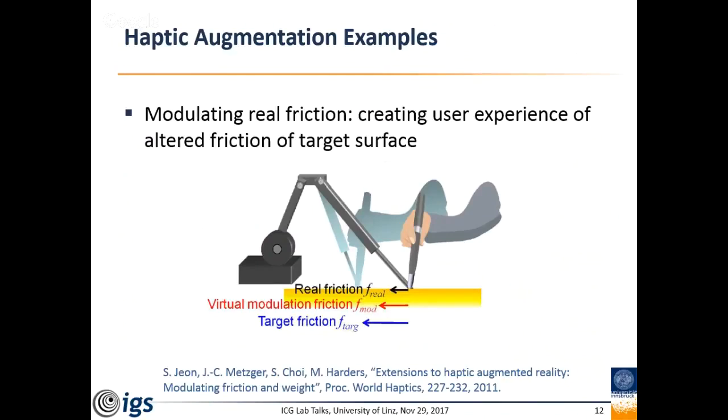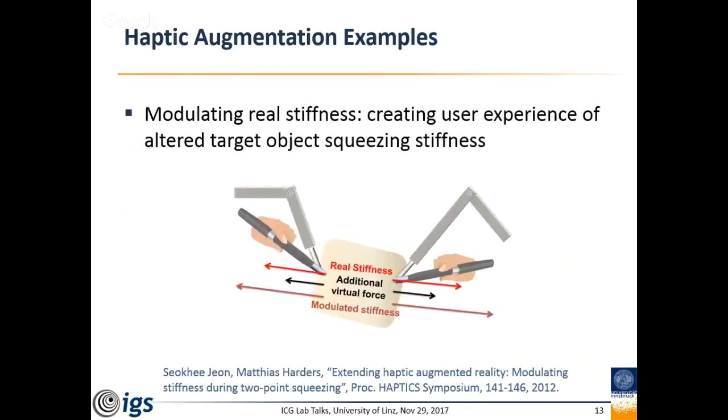For instance, in this case, a glass surface we could make feel like a rubber surface, or in the other case, a rubber surface feels like a glass surface, smooth. Or also squeezing stiffness, that if you lift an object and squeeze it, we again use these additional forces so that it feels softer, different.